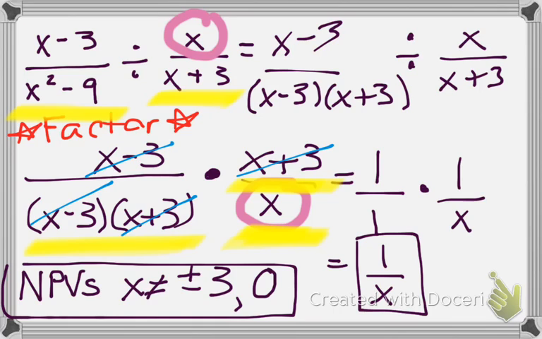So let's do some examples together. Let's do x minus 5 over 3x squared minus 9x.